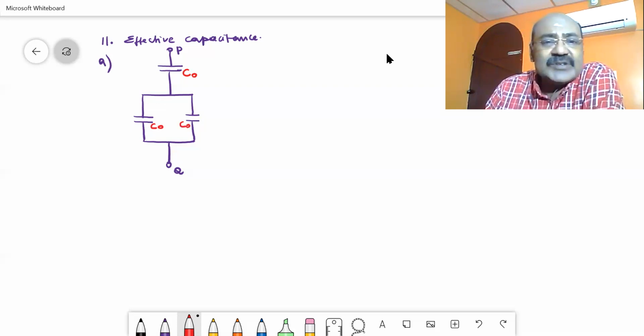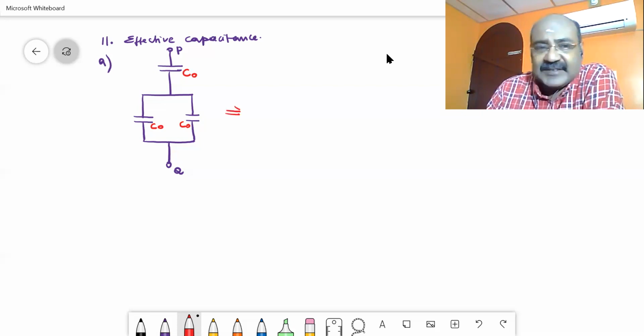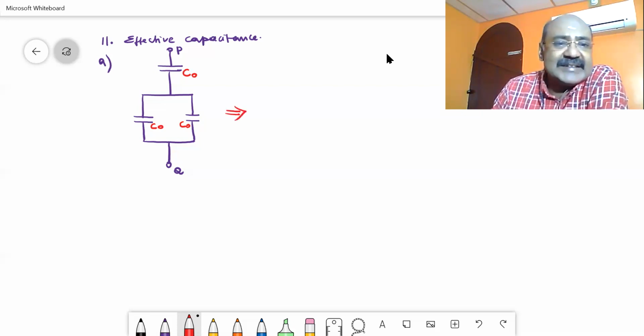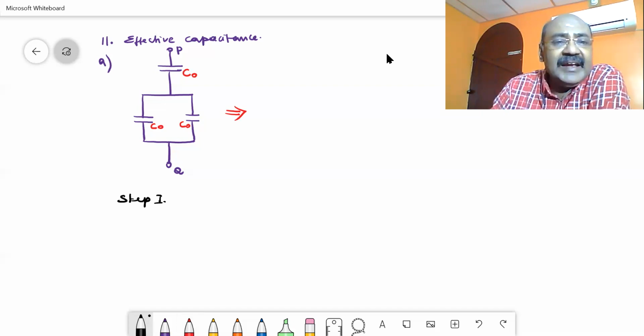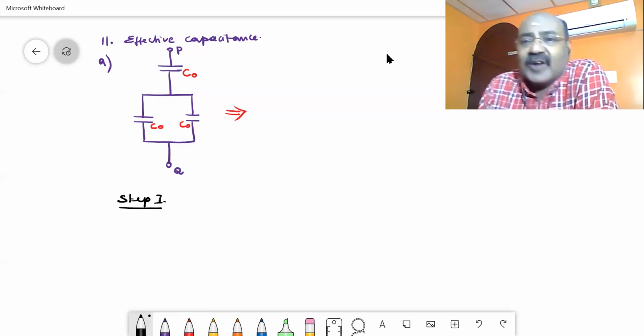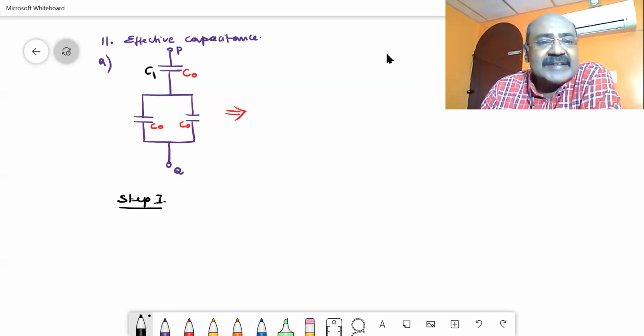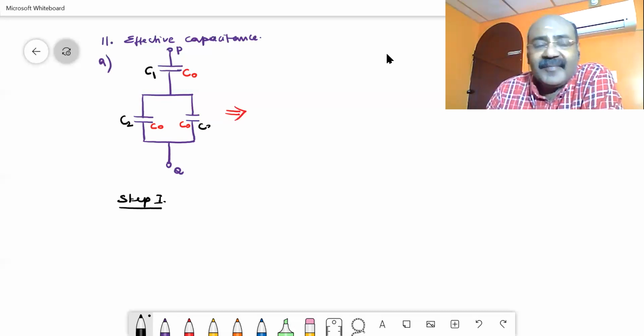So how to simplify this? Let us consider it step by step. What is step 1? These 2 capacitors are parallel. For simplicity, let us name them: this capacitor as C1, this as C2, and this as C3.